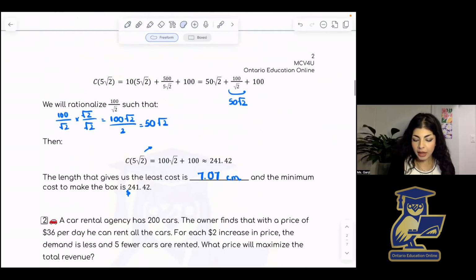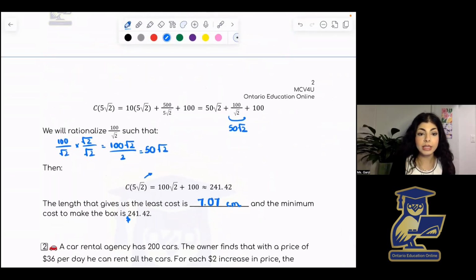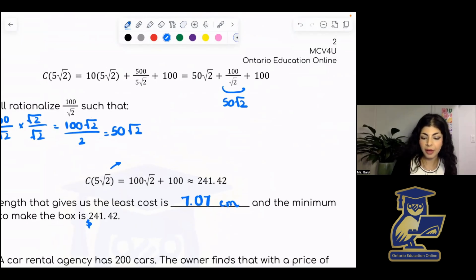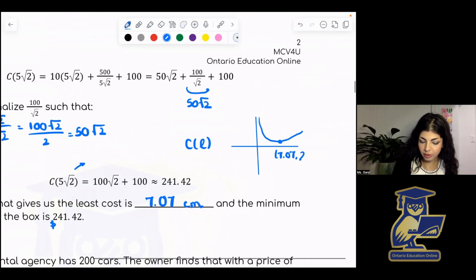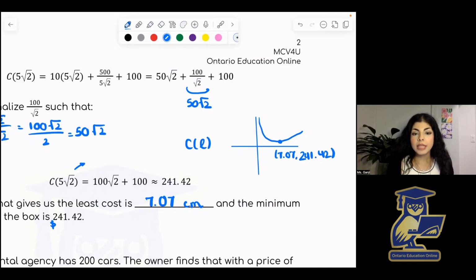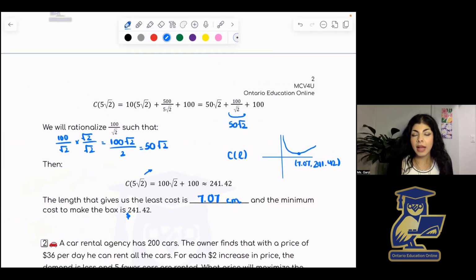And so going back to here, the reason why we don't consider the endpoints, and I highly suggest that you try to graph C of L, and you'll see that the function will look something like this and then go this way. And then you will have that minimum here, which occurs at 7.07, 241.42. And so that tells us that at L equal to 7.07, we do have the minimum cost.